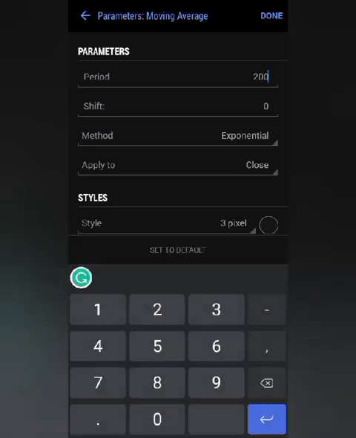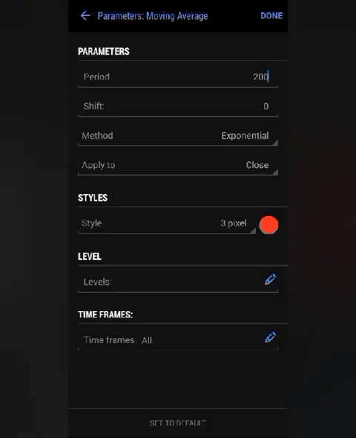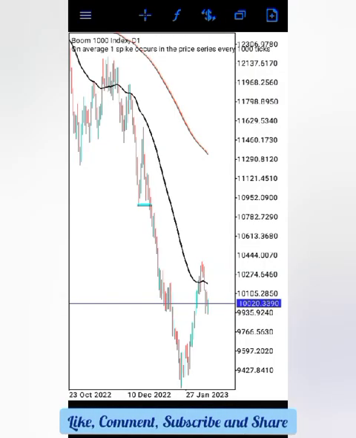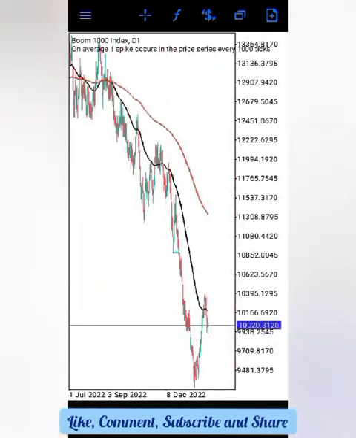Period 200. Shift, it remains 0. Method, exponential. Apply to close. Style, 3 pixel. Then change the color to red. You take done. Let us go back. You see, this is it. It has come. All right, so we have our two indicators, the exponential moving average 50 and exponential moving average 200 on our chart.